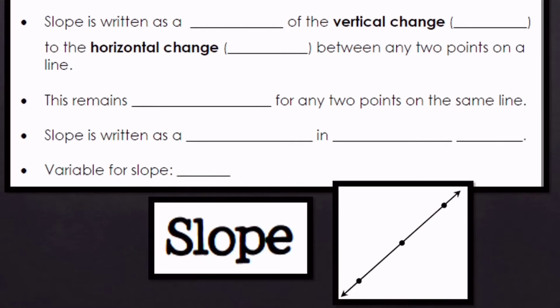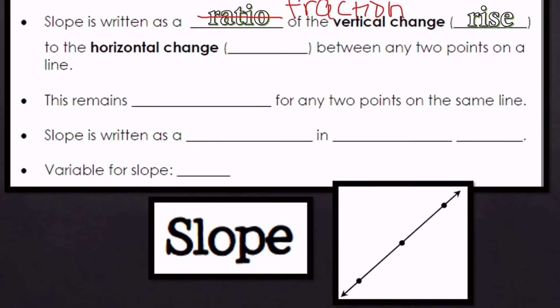Okay? So when we do slope, slope is written as a ratio, which is basically a fraction. So what you can do here is you can actually cross out ratio. Don't do it so heavy, but I would write ratio and then I would write fraction, okay? Because it lets you understand that a ratio is a fraction. So it's a fraction of the vertical, which is the rise.